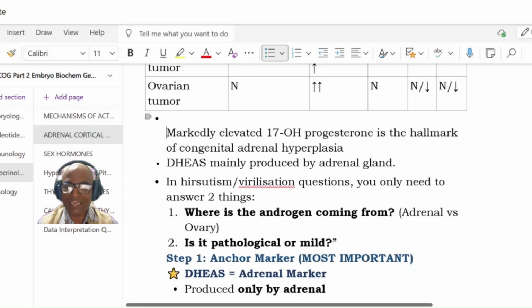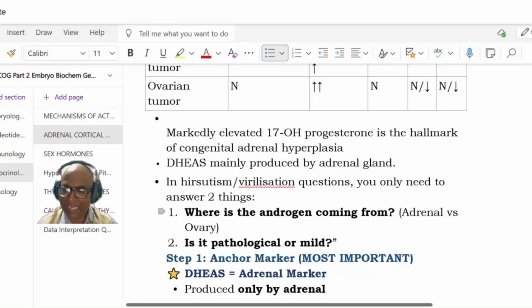Markedly elevated 17 hydroxyprogesterone is the hallmark of congenital adrenal hyperplasia. Please remember this sentence. DHEAS is mainly produced by the adrenal gland. In hirsutism or virilisation questions, you will only need to answer two things. One, where is the androgen coming from?